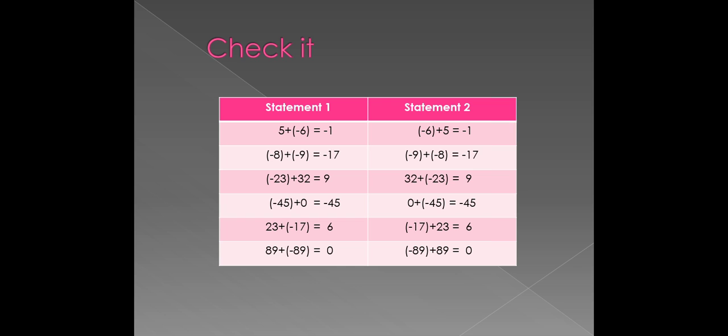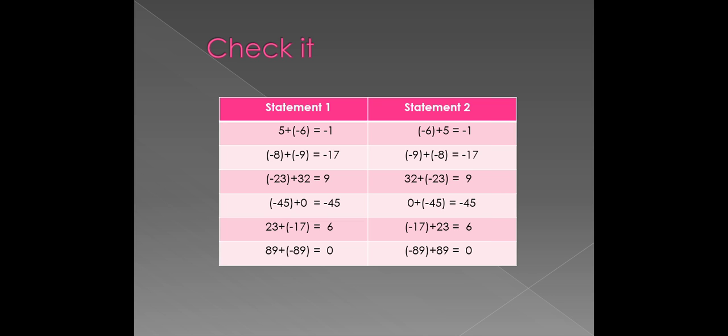If you observe statement 1 and statement 2, you can see that in both statements the results are the same. That is, 5 plus minus 6 equals minus 1 and minus 6 plus 5 equals minus 1. We have just changed the order of numbers.